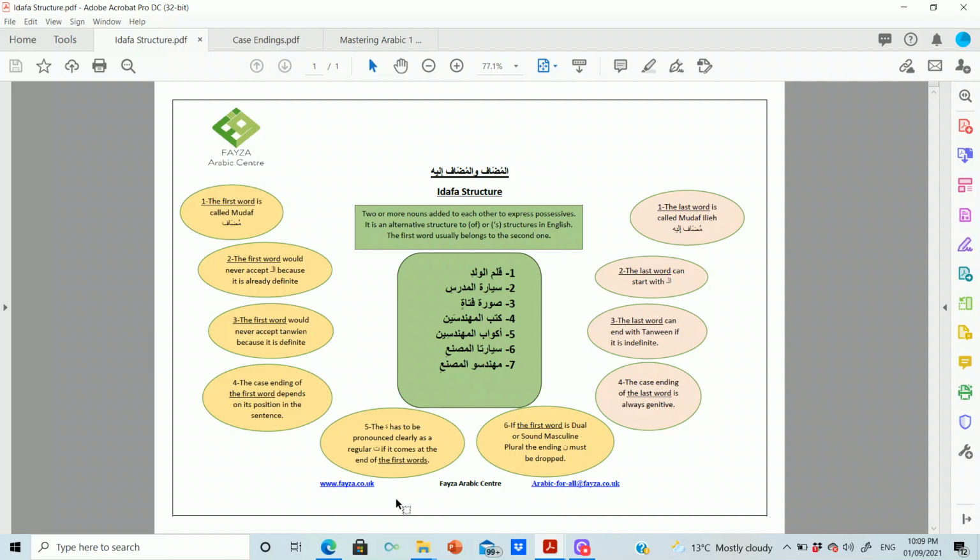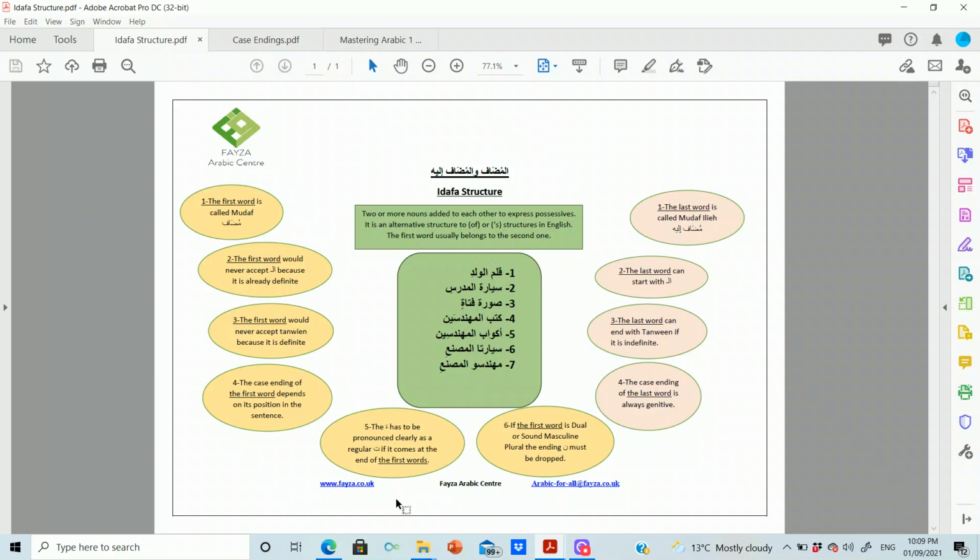So say, for example, we need to give an adjective to the first word. I would never be able to add it till the Idafa structure ends. So usually in Arabic, I know that the adjective has to come right after the word that it is describing. But in Idafa structure, the adjective has to wait till the whole structure ends and then it's going to appear.